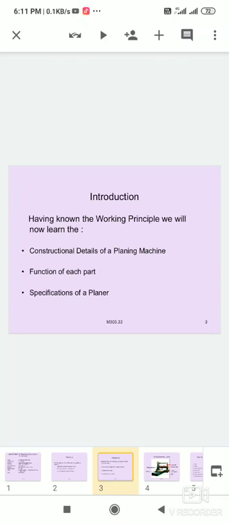The work moves fast against the stationary tool, and the feed is given by the lateral movement of the tool. Metal is cut only in the forward movement of the table, and the return stroke is idle and completed quickly. This is the principle of the planer machine. Now, construction details of the planing machine.